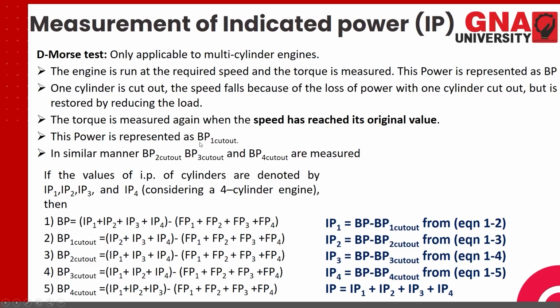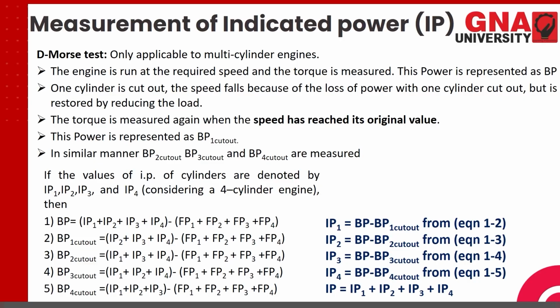So the power calculated from this torque will be called BP1 cutout. That gives you the brake power with the first cylinder switched off. In a similar manner, we calculate BP2 cutout, BP3 cutout and BP4 cutout for a 4-cylinder engine.